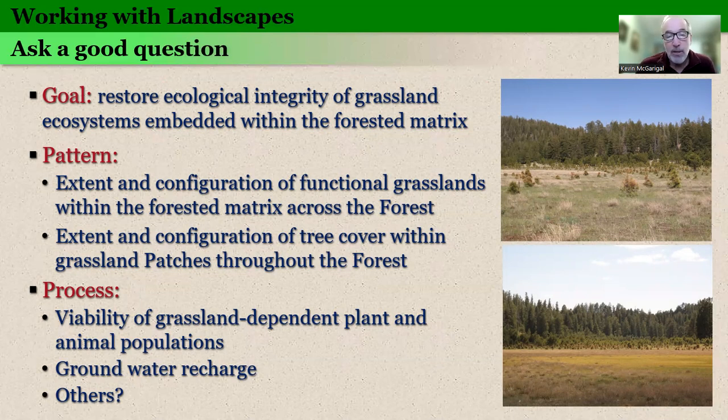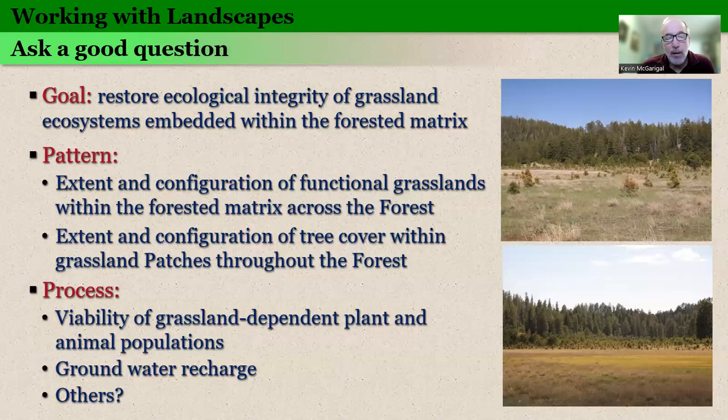There's lots of alternatives here, but as an example, on the pattern side of the equation, we could specify that our interest is in the extent and configuration of functional grasslands within the forested matrix across the forest. Of course, we would subsequently need to elaborate on what we mean by configuration.